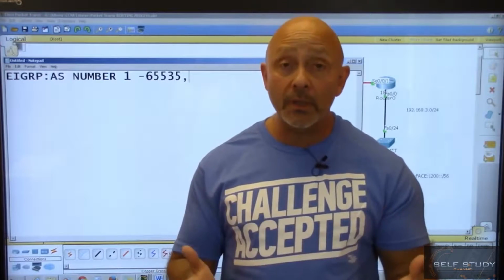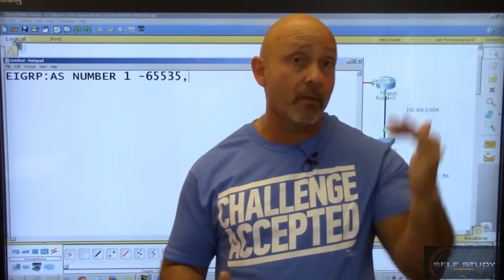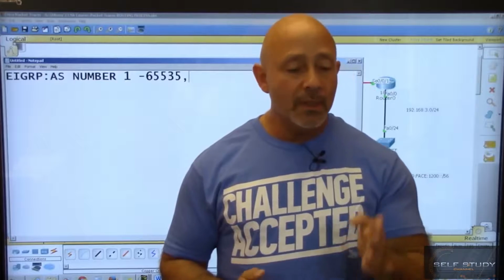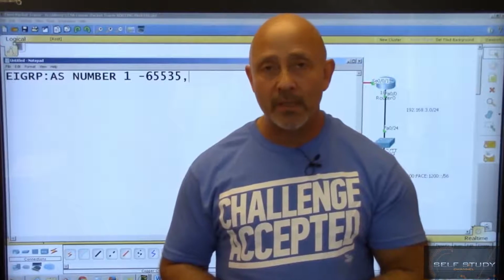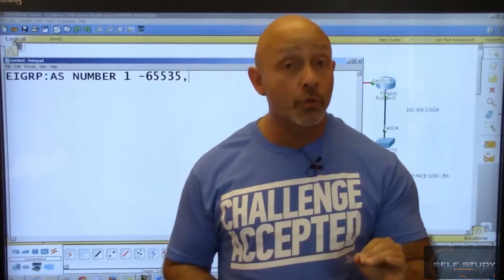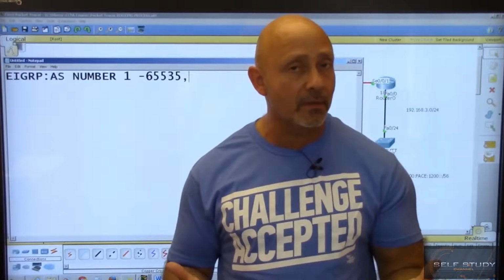So when you're doing your simulations or your print screens or whatever question they ask you, you've got to make sure that the autonomous system number is the same on all the routers. That is crucial. That's one of the main things they're going to test you on.